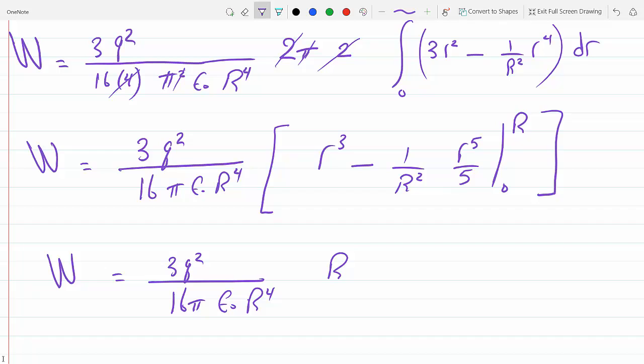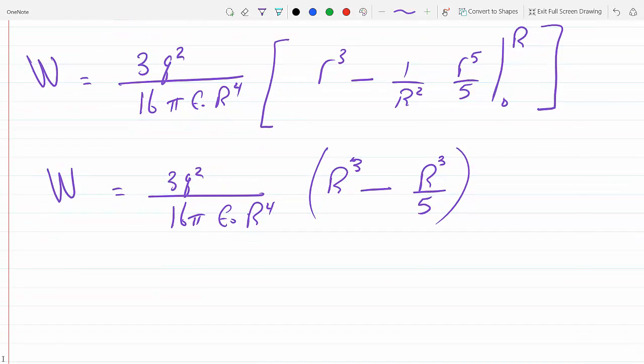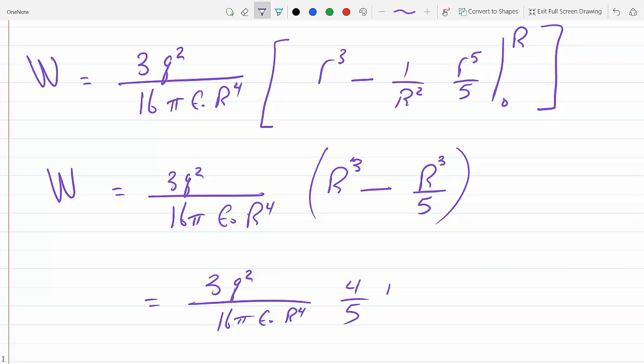We have R cubed minus R to the 5 over R squared will be R cubed over 5, and so this simplifies to 4/5. So this becomes 3Q squared over 16 pi epsilon R to the 4 times 4/5 R cubed.